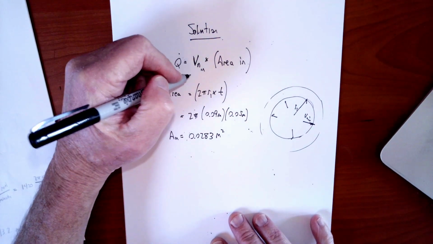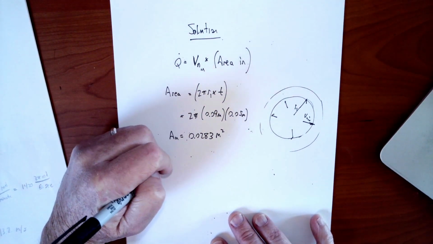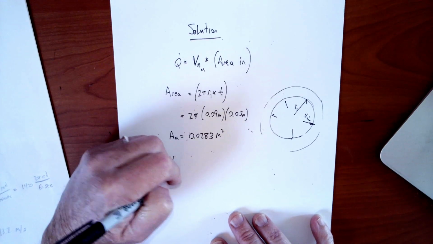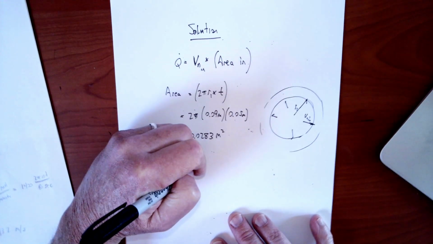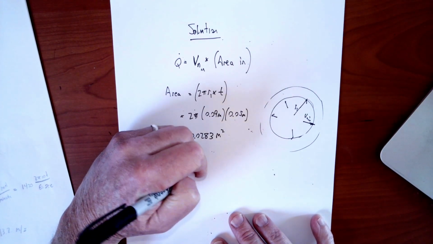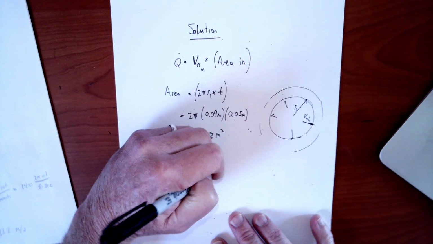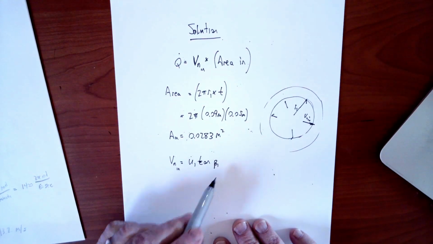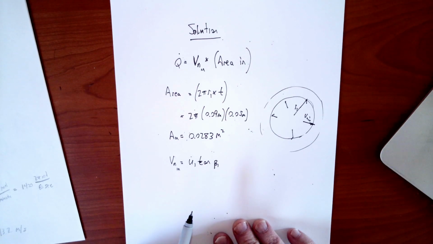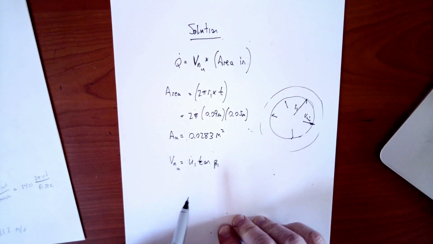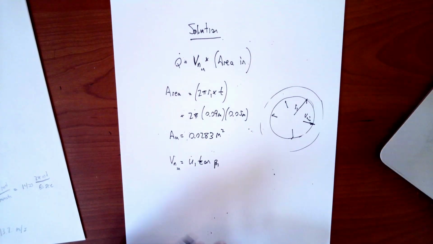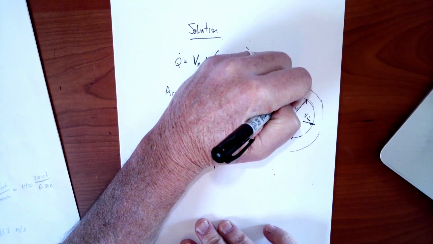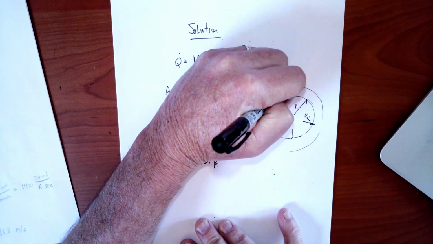We know how to find Vn in because that's the last thing we found in the lecture prior to this. Vn in, we said, was equal to U1 times the tangent of beta 1. And we've been given beta 1. Beta 1 was 30 degrees. So we know that, but we need to find this U1. Well, U1 is the blade tip speed of the blade at the inner surface.